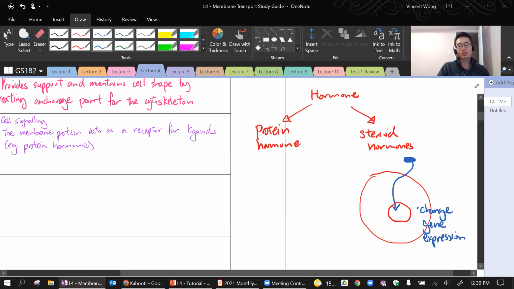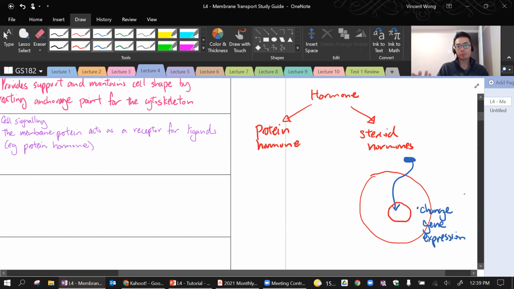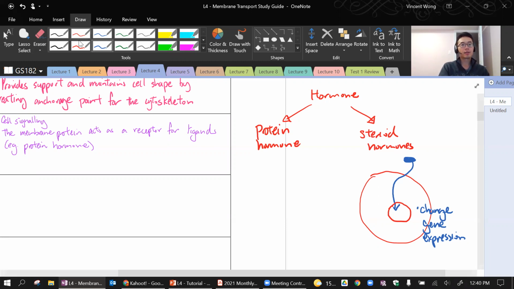We know genes are like DNA, and the DNA encodes instructions to make proteins. So we can turn them on or off to make more or less of a certain type of protein. So steroid hormones will go directly into the nucleus, and then control the gene directly, because it is a lipid-based hormone, so it has no trouble crossing the cell membrane.